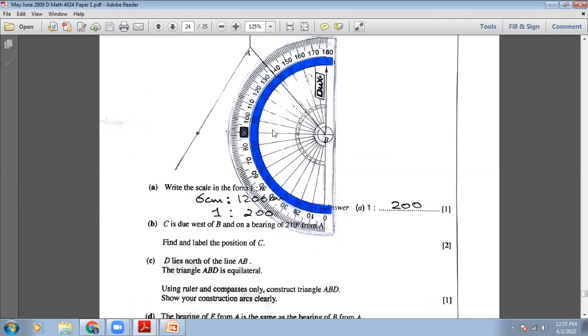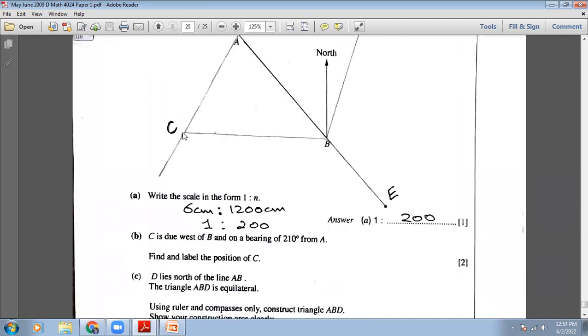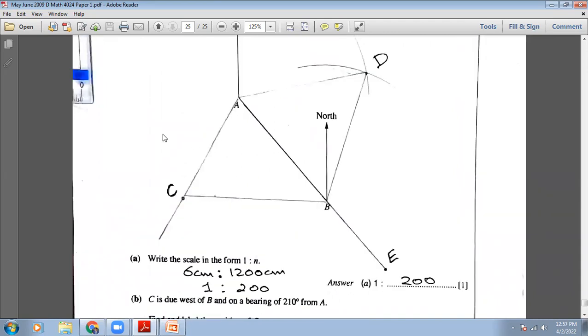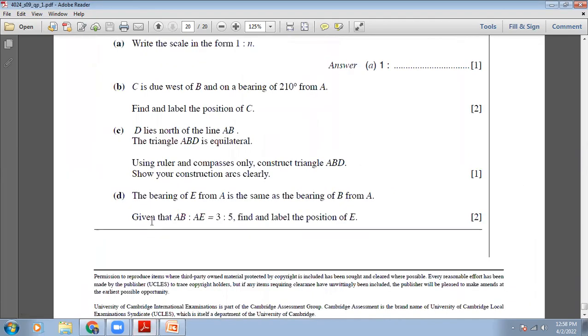So from here, my 90, this bearing will become 270 west of the B. So draw a line here where these two lines will intersect. That will be the point C. So here you see these lines intersect here. So that's the C.